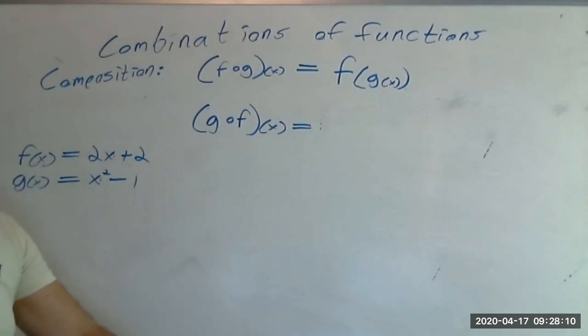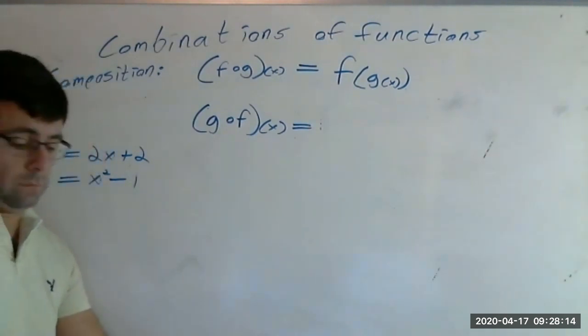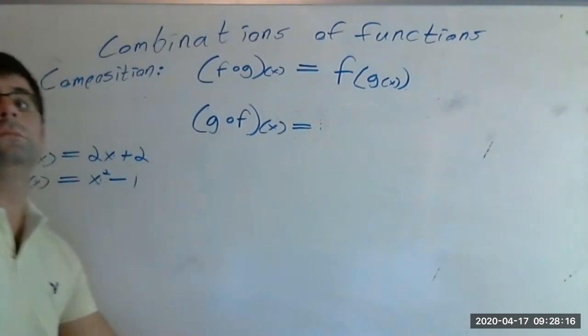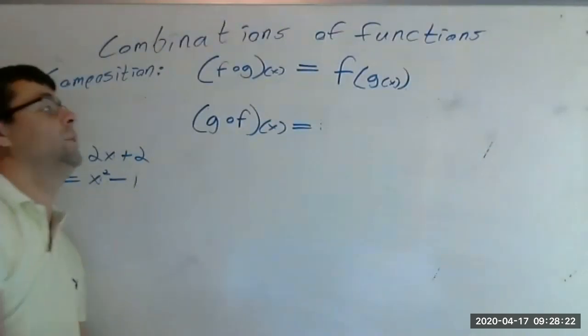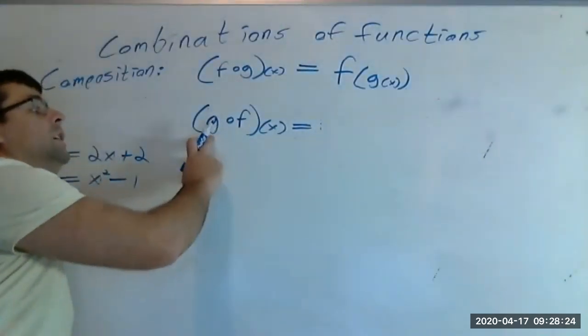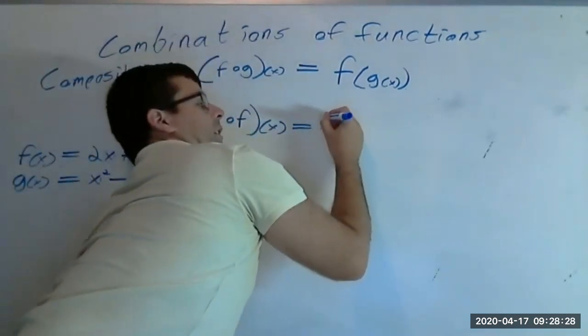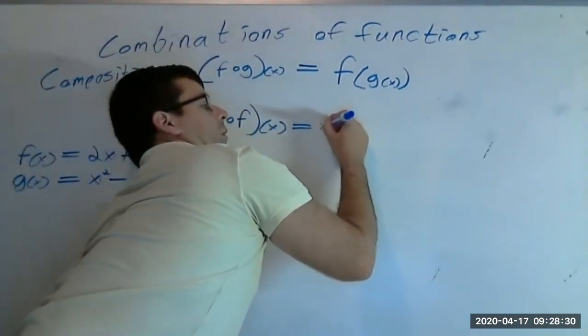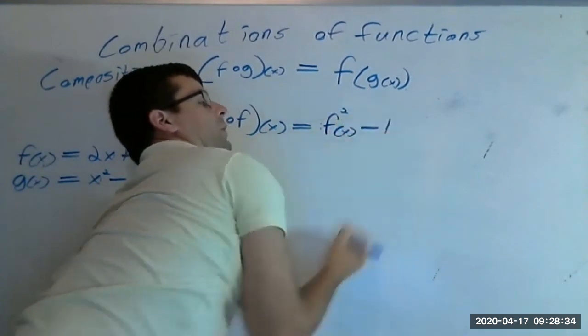So I'm guessing since it works the same way, wouldn't it be 2x plus 2 squared minus 1? Yeah, so first thing you do is you write g, but with f in its place. So f of x squared minus 1.